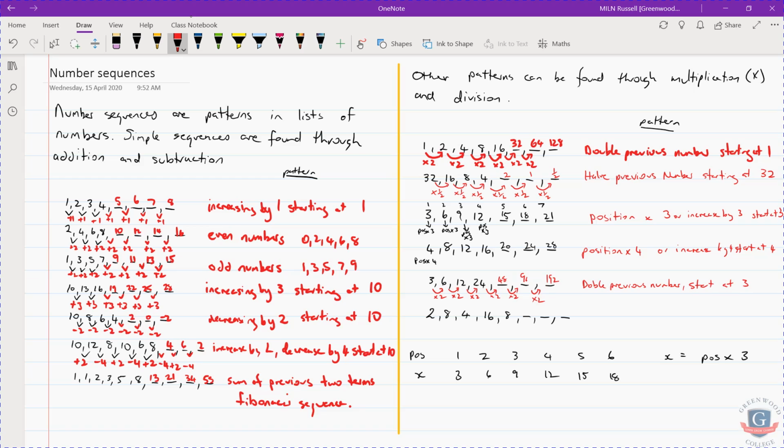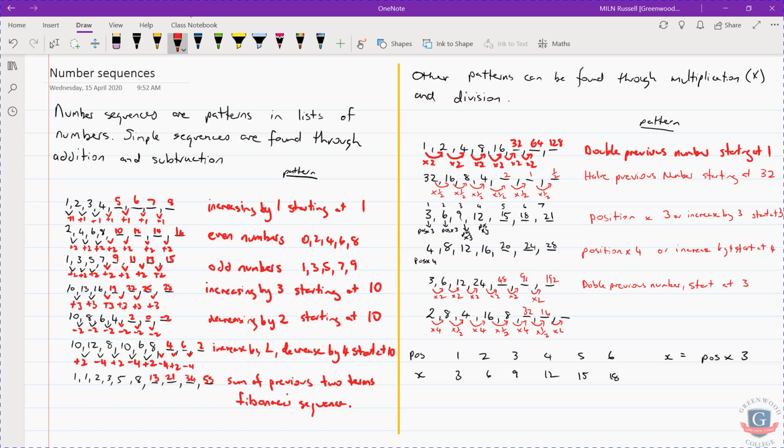Okay, what's happening here now? Looks like we times it by 4, then halve it, and then times it by 4. Yeah, that works. So from here to here, we times by 4, then we times by half, then we times by 4, then we times by half. Then we're going to times by 4. 8 4s are 32. Then we times by half, which will be 16.